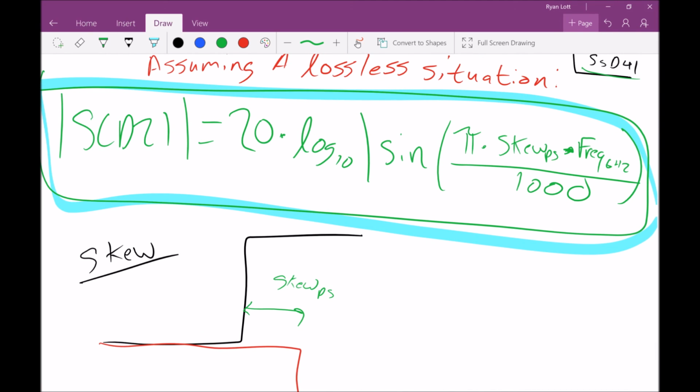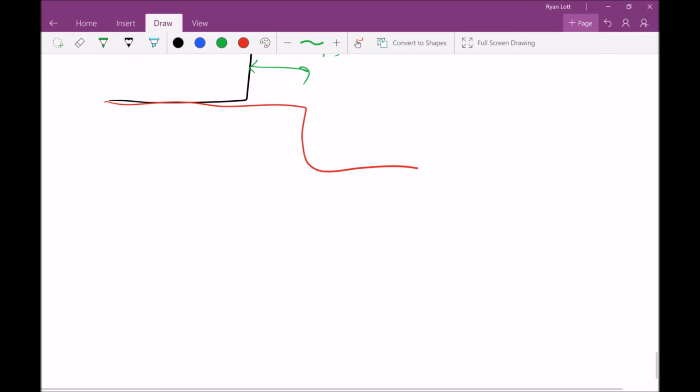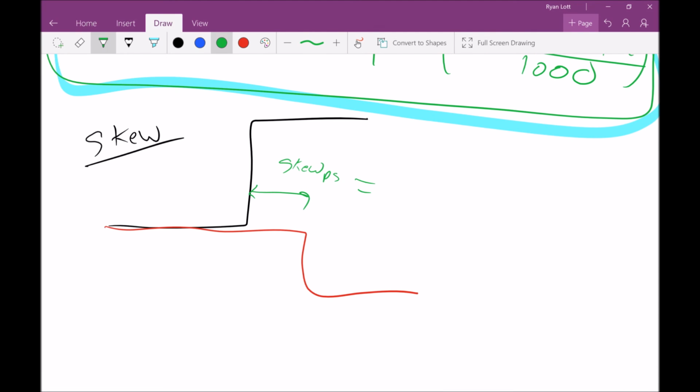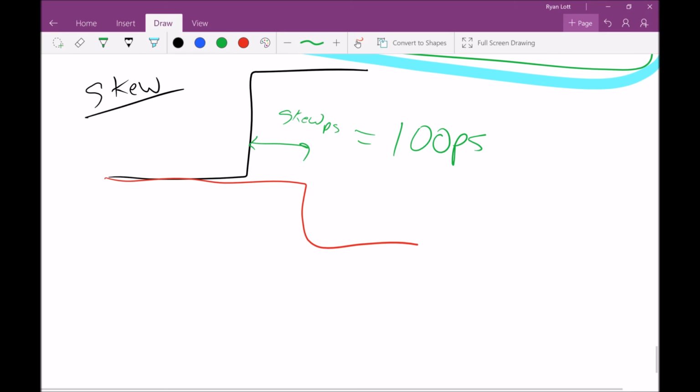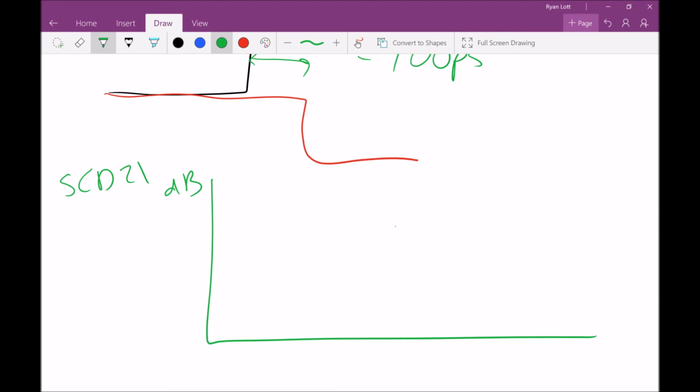Where can you expect there to be a maximum? So let's say that we have a skew value here, let's say 100 picoseconds. We can use our formula and plot SCD21 on a dB scale as follows.